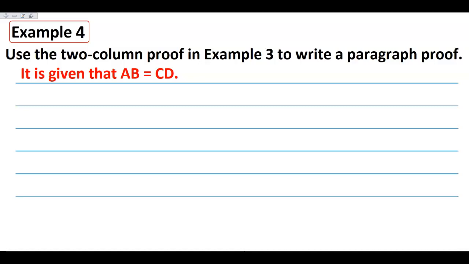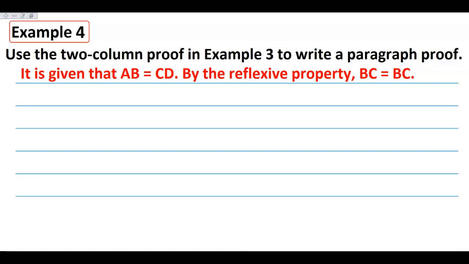Now, the second line was BC equals BC, and the reason was reflexive. Again, it's easier for you to just look up on your notes, look at the last example. I'm not going to keep jumping back and forth. I'm just going to reference back. So we have BC equals BC by reflexive. So I'm going to write, by the reflexive property, BC equals BC. Okay?